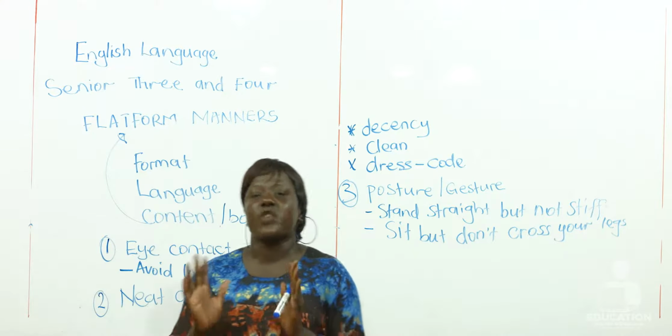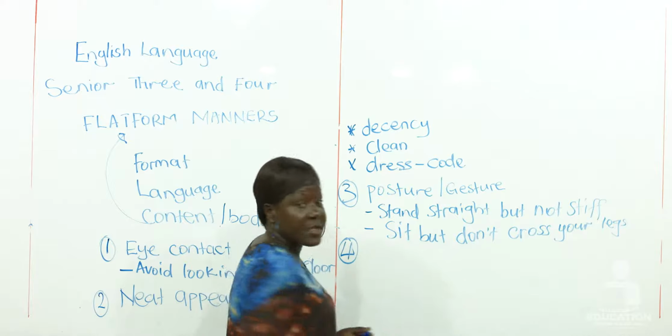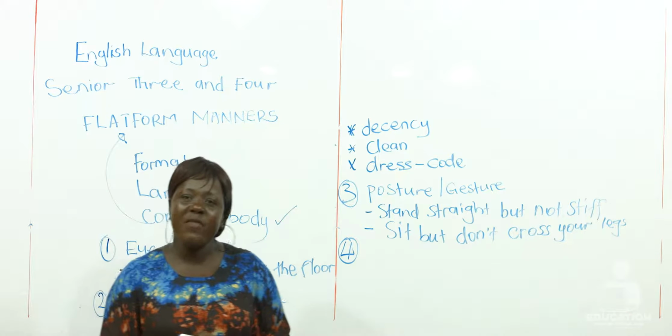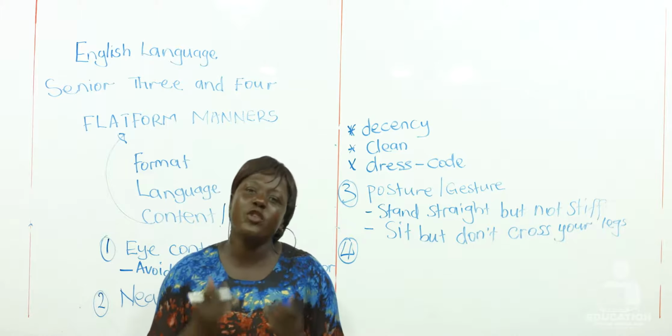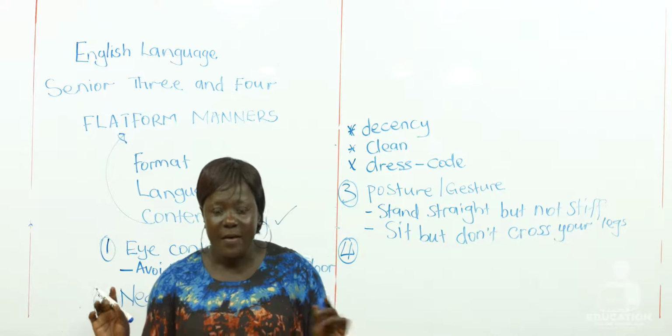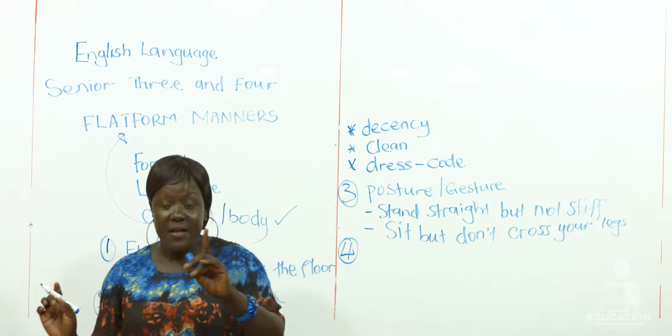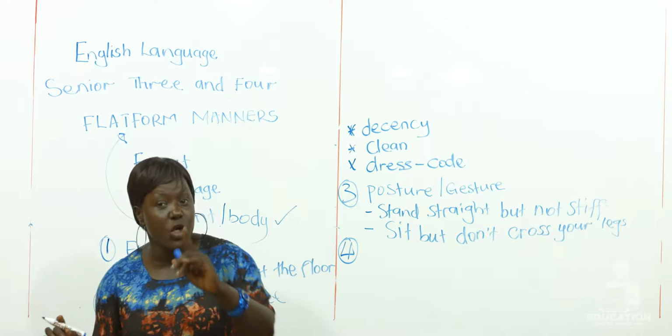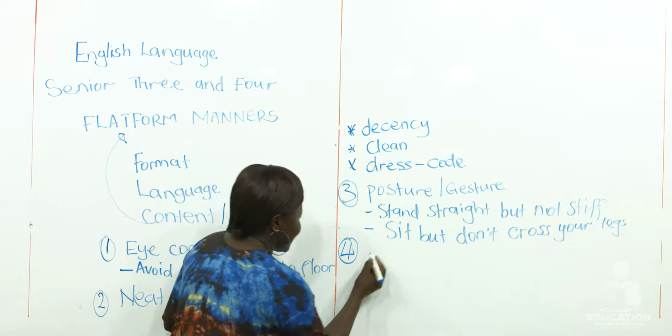Let us also look at number 4. Our number 4 is about being friendly to your listeners. Be very friendly. How do you show to the listeners that you're friendly? One way is by putting a smile on your face.